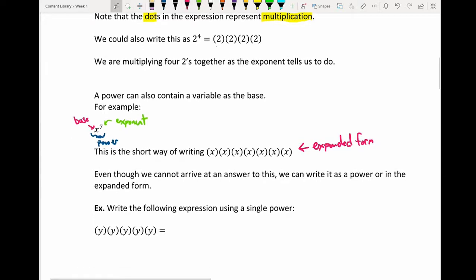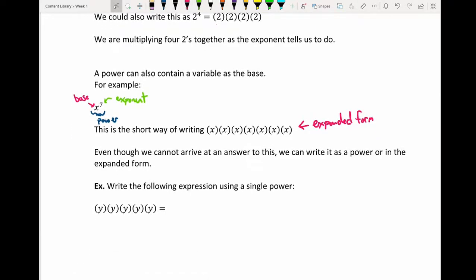For example, if we look at the next one, we're dealing with the variable y, but we want to write the following expression using a single power. What we see here is y times y times y times y times y. The variable, or the thing that's being multiplied multiple times, is going to be our base.